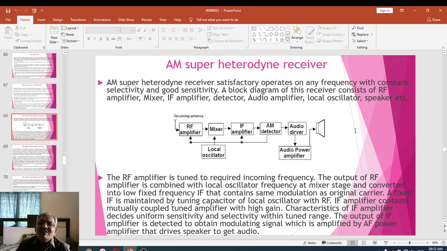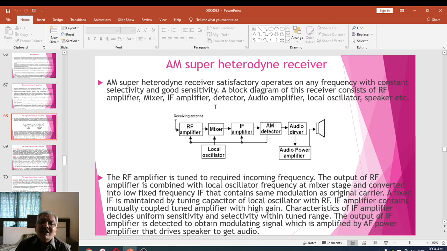So all these properties which are to be treated as the receiver characteristics are satisfied by this AM super heterodyne receiver. It operates in a wide range of frequency. We can say AM super heterodyne receiver satisfactorily operates on any frequency with constant selectivity, good sensitivity.